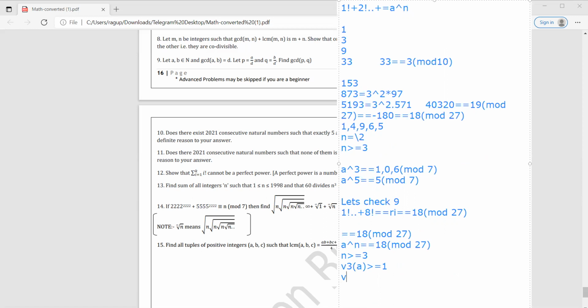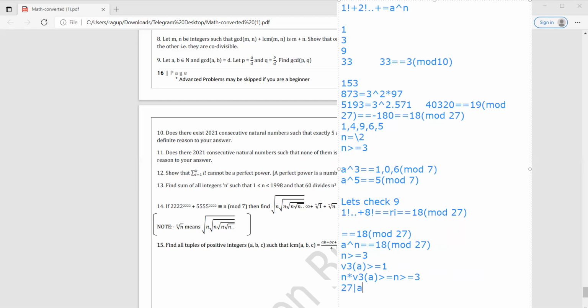So v3 of a raised to n is equal to n times v3 of a, which is greater than or equal to n, and n is greater than or equal to 3. So what this means is that v3 of a raised to n is at least 3. So this means that 27 divides a raised to n.